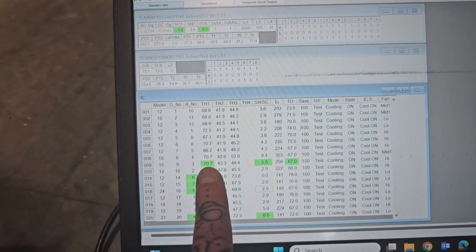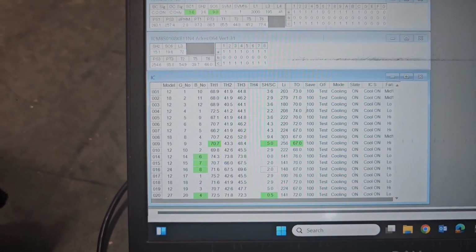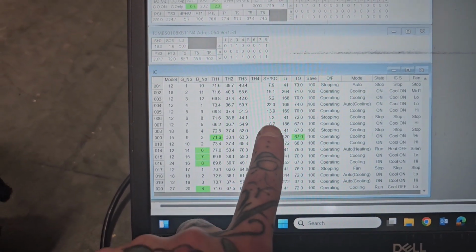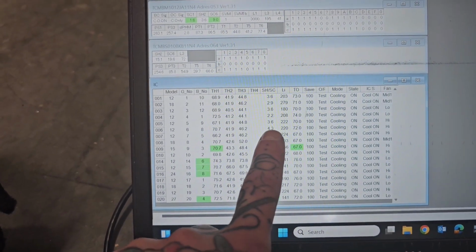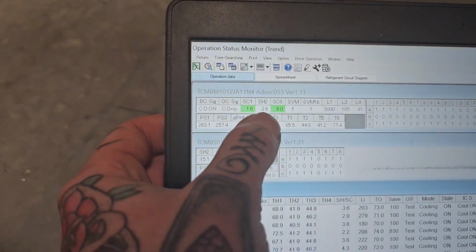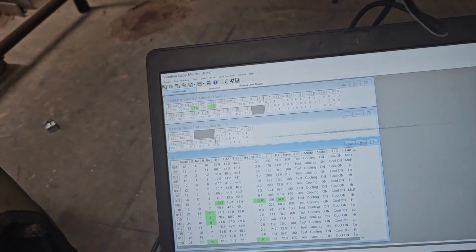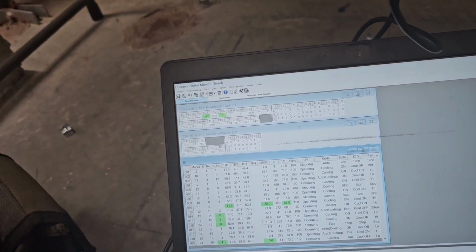This unit, again, number 9, was our problem child, has 5 degrees of superheat. When I first got here, if we go back to the beginning, we had 25 degrees of superheat. 14, 18, now we go forward, 9, 4, 4.3. Okay, we come in here and we look at our SH2, it's 4 degrees. Much better than the 20 degrees that we had at the start.